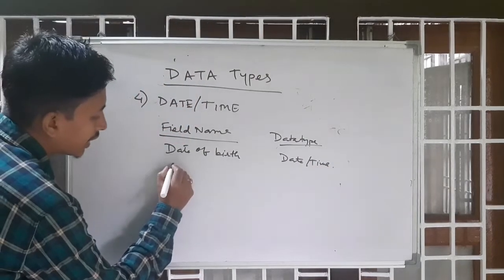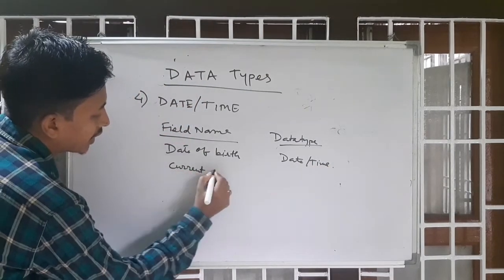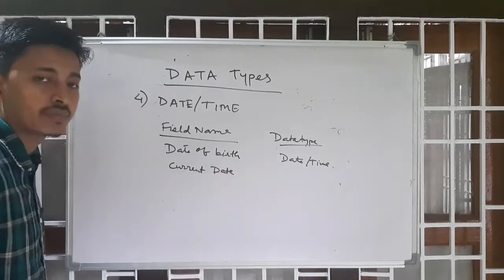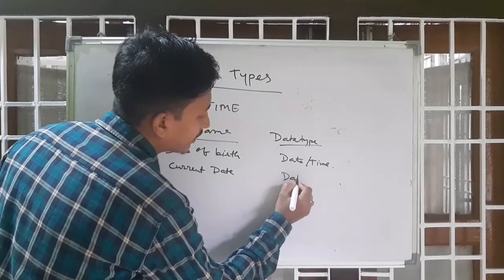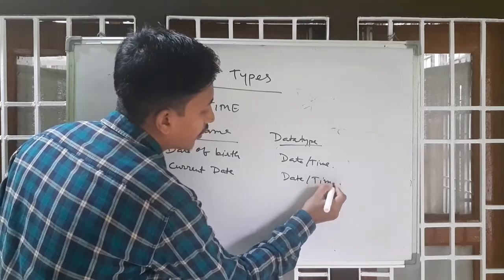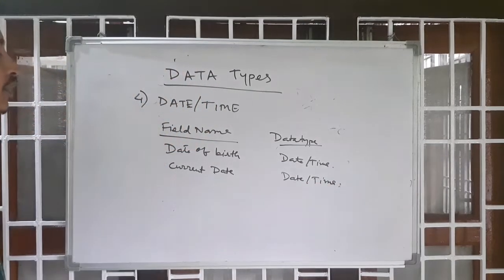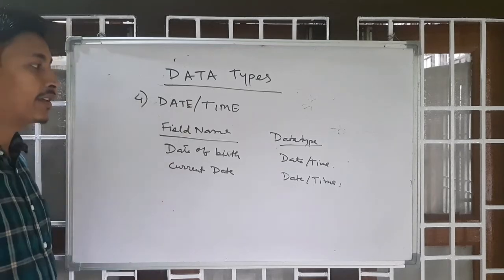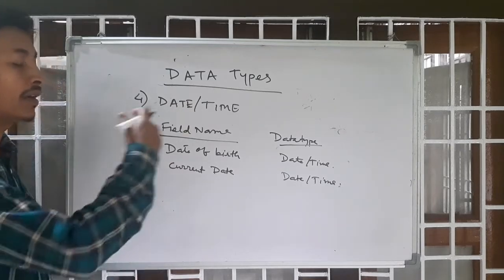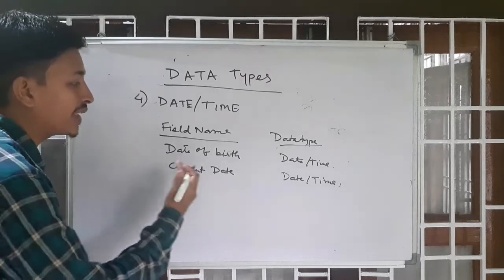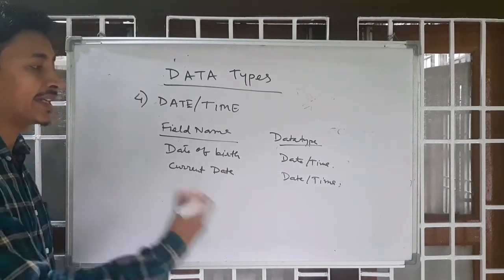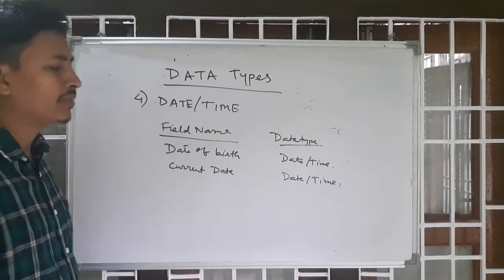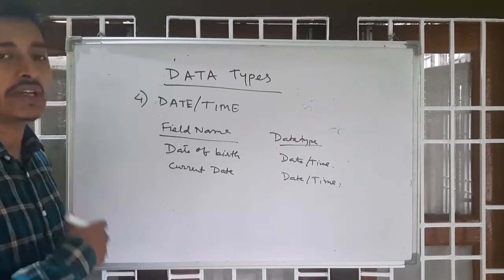For example, current day field. So we have to use date and time. The date/time field is used only for these things, date and time. And at a time, it is used in various formats.